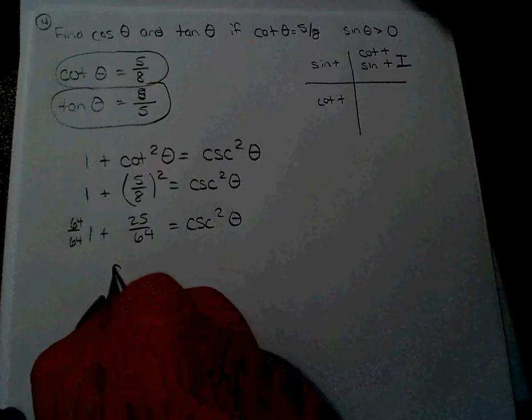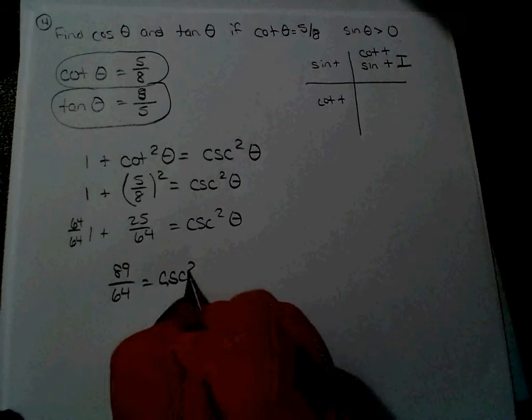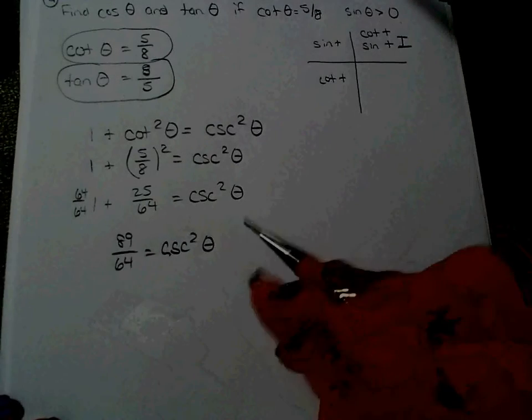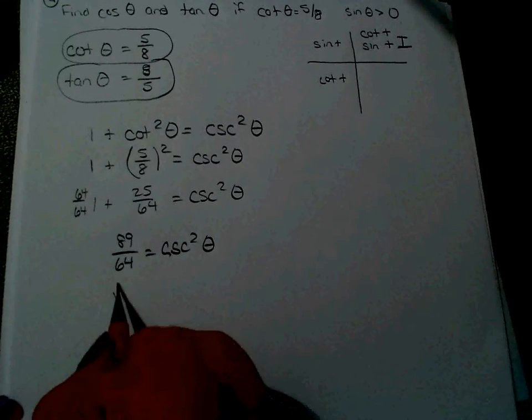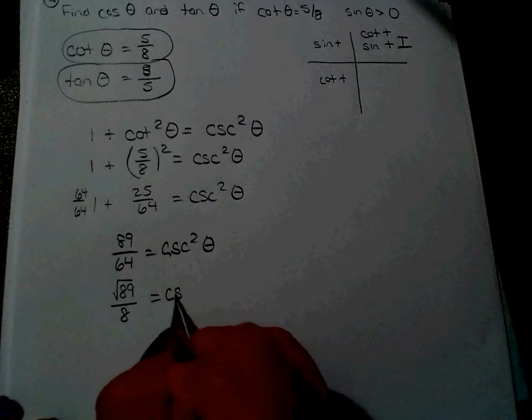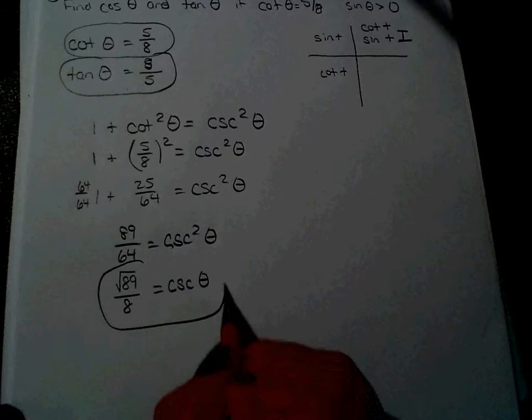So 89 over 64 equals cosecant squared. I take the square root of both sides, and I only need the positive one. I don't need the negative one because we're in quadrant 1. And I get the square root of 89 over 8 equals cosecant theta. So now I have 3 of my 6.